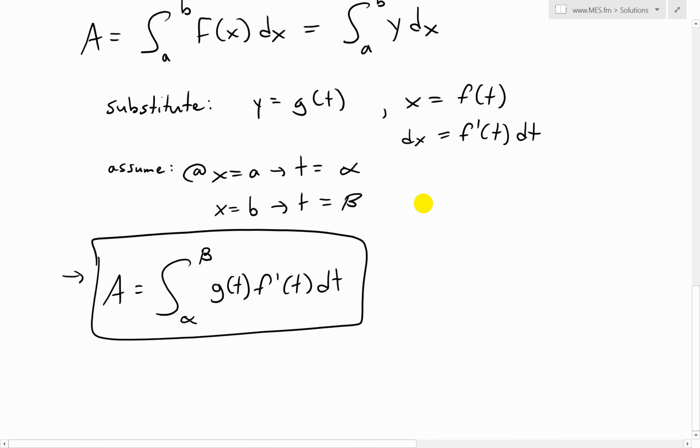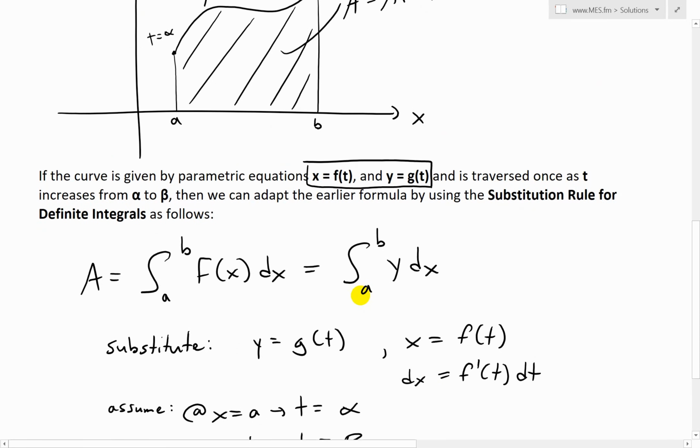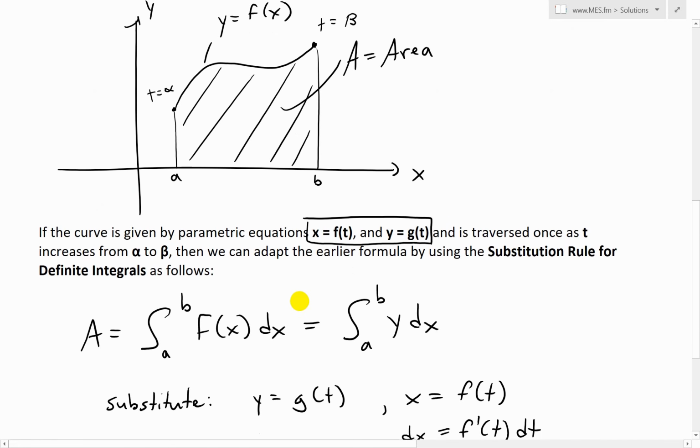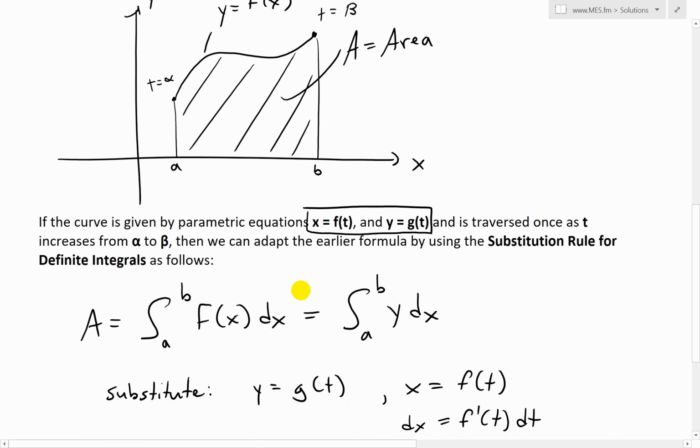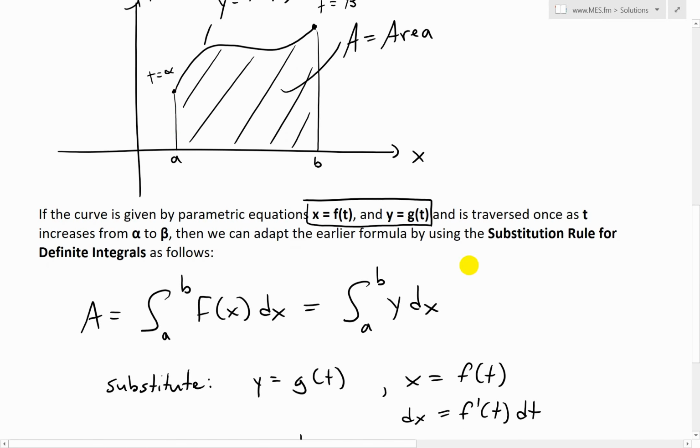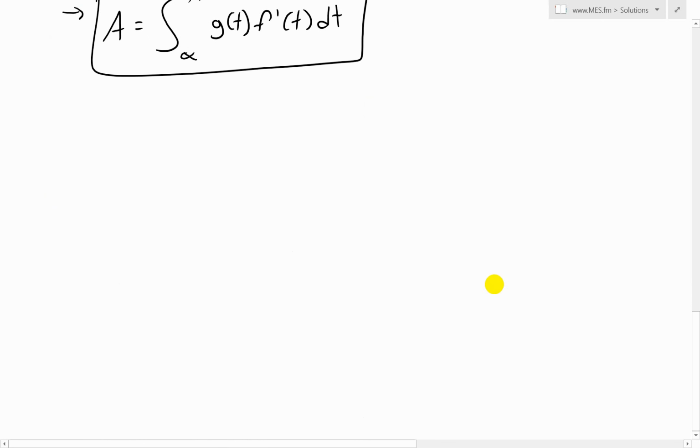So that's the curve, but sometimes, if this is increasing from alpha to beta, the other way around might actually be more aligned. Sometimes you might have beta actually being the leftmost point.